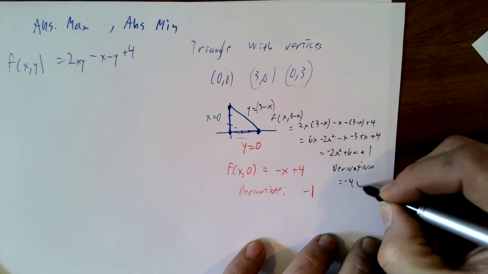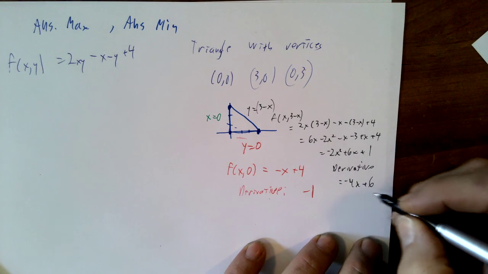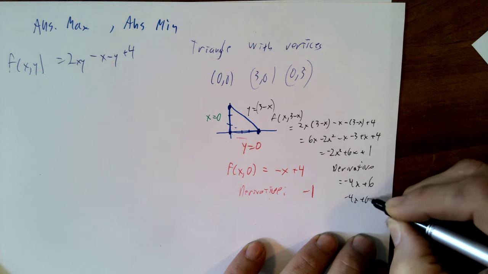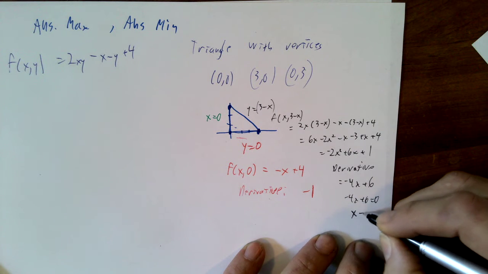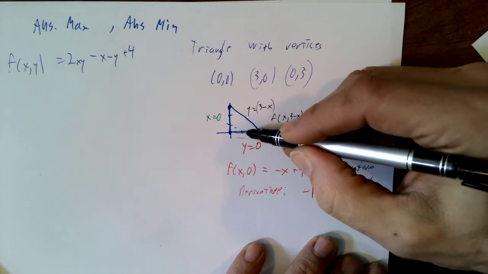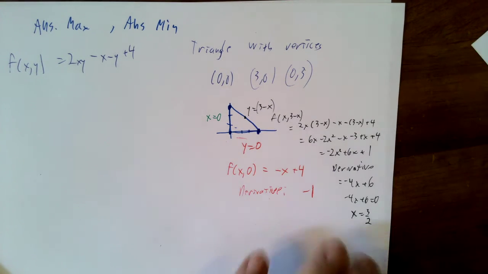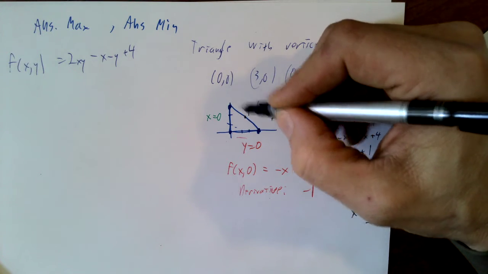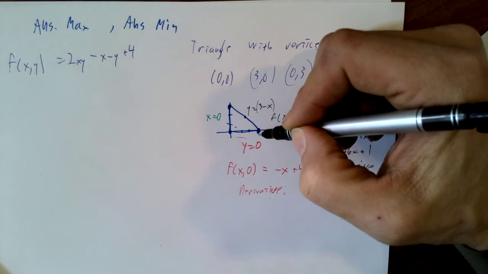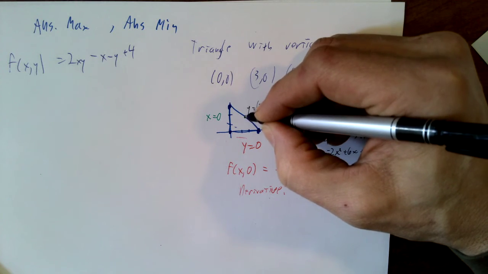Derivative is negative 4x plus 6, so that's equal to 0 when 6 is 4x, so x equals 3 over 2. That happens to be within the x values of our region right there. Not inside the triangle, but the x values have to go from 0 to 3 for this. This is right halfway in between there.